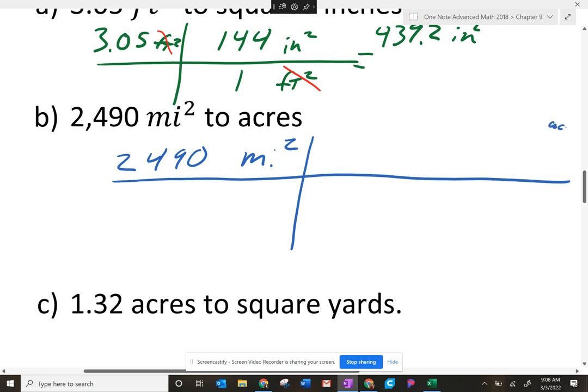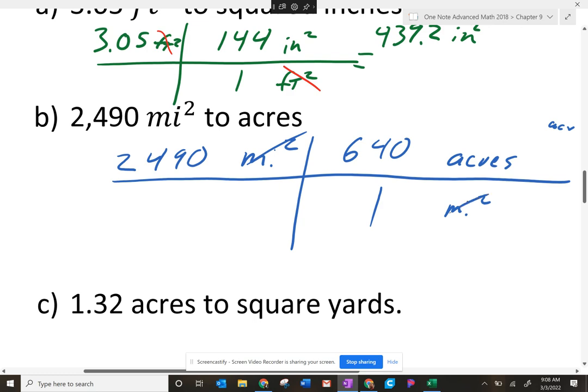I kind of put acres up here. Are we able to go from miles to acres in one step? Yeah, pretty sure we are. So miles squared to acres, what is that number? I've got acres up here, to miles squared I've got 640 acres in 1 square mile.